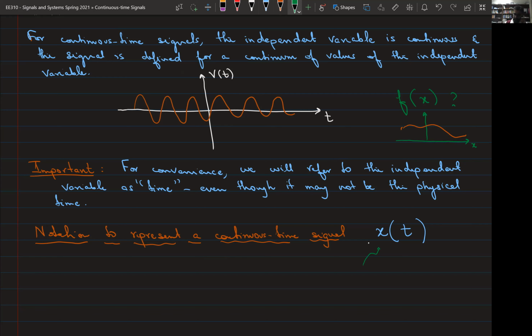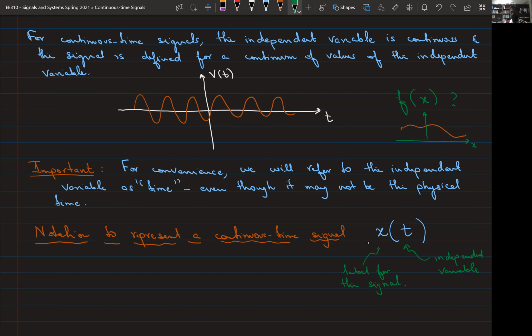And instead of that x, we're now using t. So this is the independent variable now, and this is the label for the function. We're just using signals here.